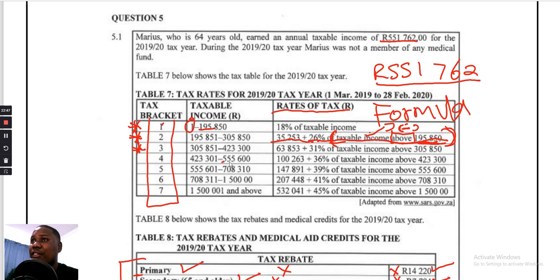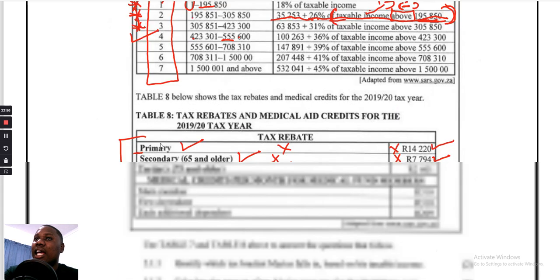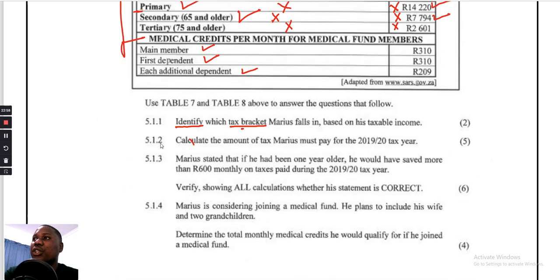If we check, this number is more than this one, so it is somewhere between these two numbers. That means the tax bracket they are going to use is bracket number 4. So when you write this, you can say bracket 4, and that will be your 2 marks just to identify the tax bracket.